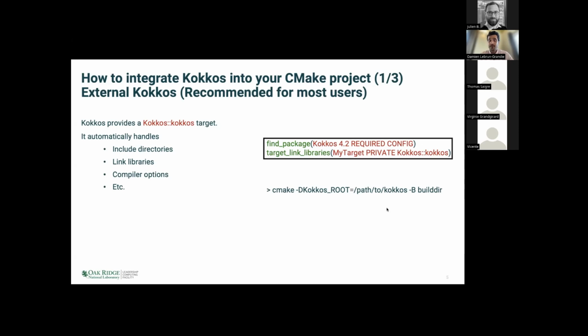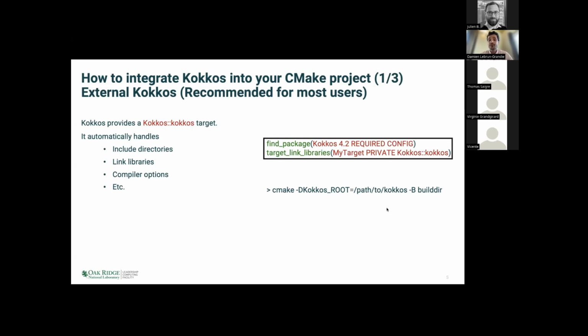And then when you are configuring your project, what you would usually do is you would tell CMake where to find Kokkos by passing this argument -D. The spelling, the case is important, so it's really case sensitive.